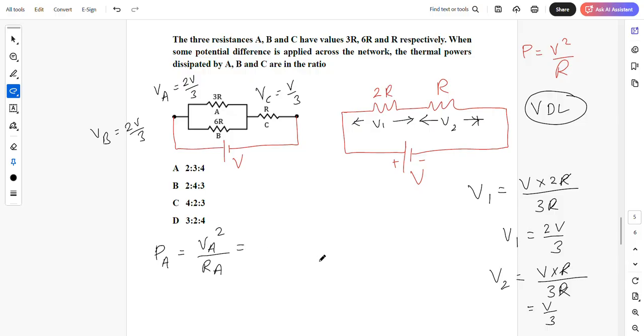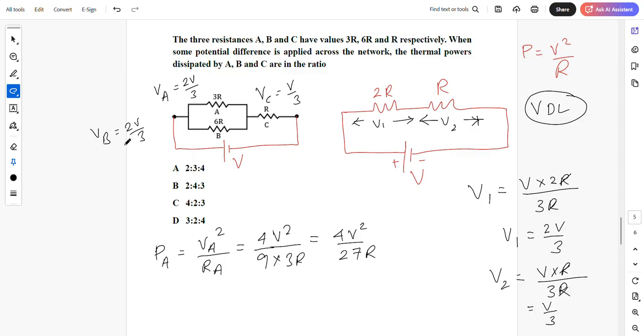VA is 2V by 3, so I can write this as 4 by 9 V square, divided by RA. RA is 3R. That is equal to 4V square by 27R, right?